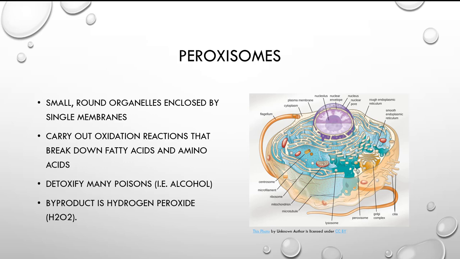All right, so it's a useful organelle to help detoxify things into something that is not toxic in the least. Okay, so they break down big things into small things and detoxify things.